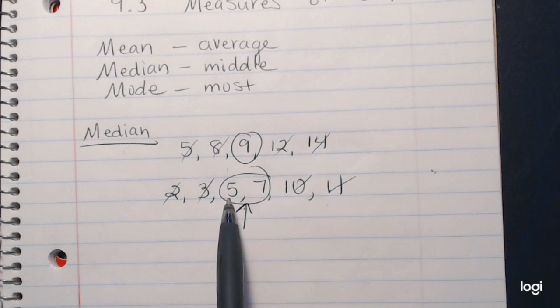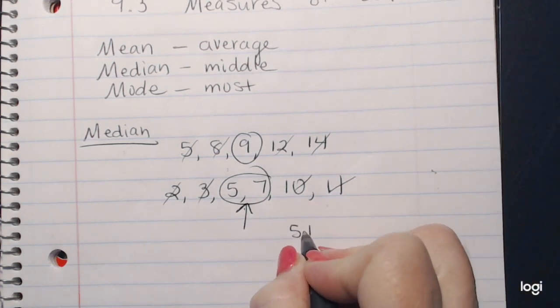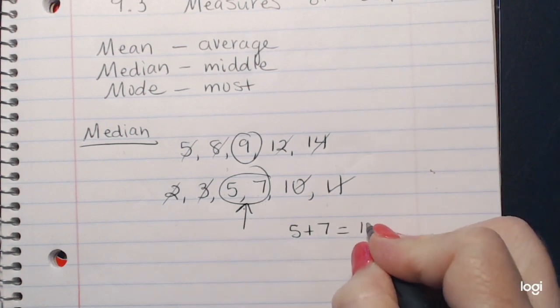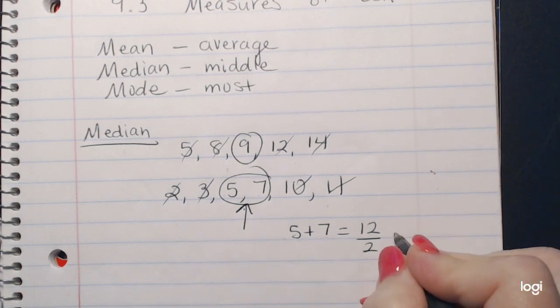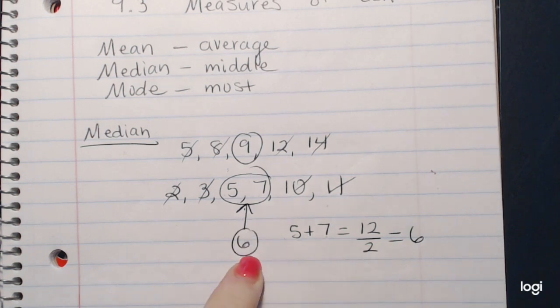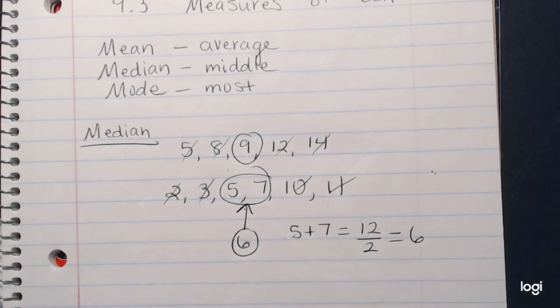They're not going to be close to each other. And if that happens, you take your 2 numbers, you add them together, and then you divide by 2 because we have 2 numbers, and you would find out that your median would be 6. Even though the number 6 is not listed, it is considered the median of my data.